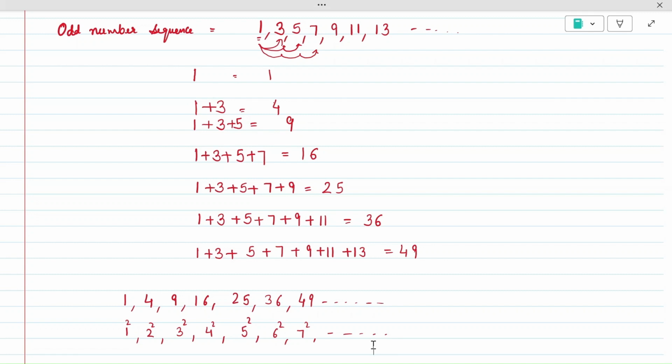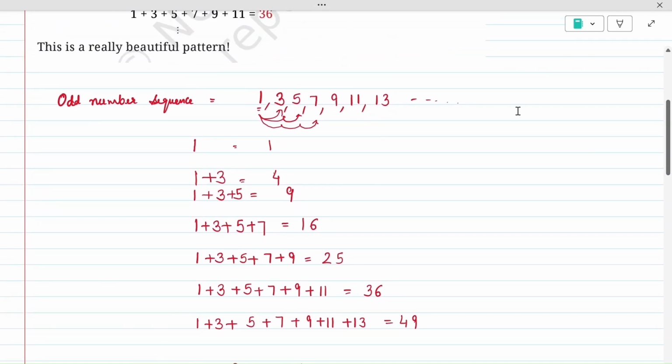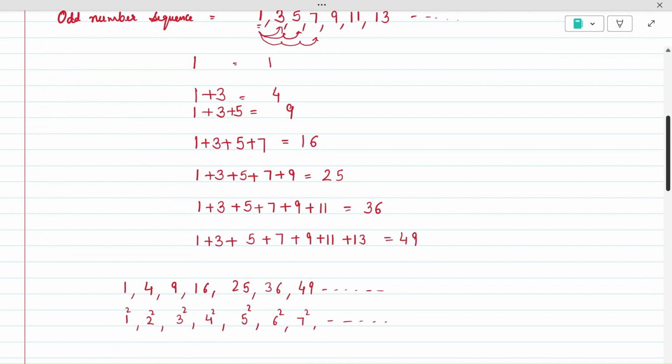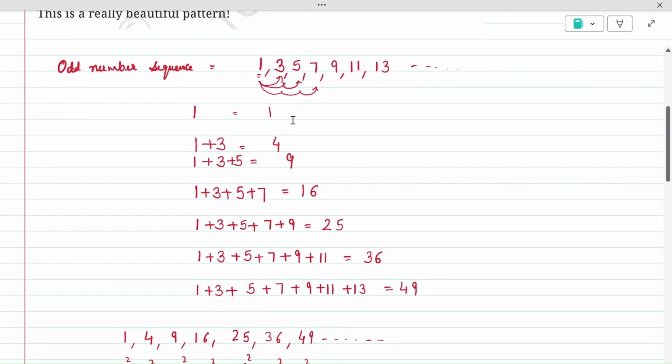Now, as per the book, it asks whether this will happen forever. Yes, this will happen forever because it is following the same pattern which is going to repeat itself. All right. I hope this is clear. I'm just reiterating. We have taken the odd number sequence, which was 1, 3, 5, 7, 9, and so on, and we added the numbers up. First number as is. To get the second number, we added the next number, 1 plus 3, then 1 plus 3 plus 5 to get the next number, then 1 plus 3 plus 5 plus 7 to get the next number, and so on.